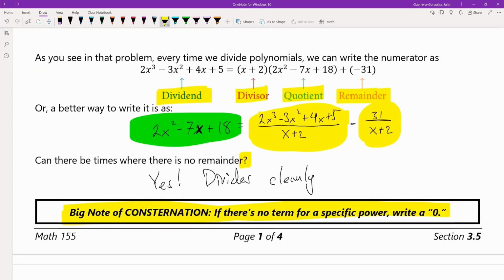If your polynomial jumps from one power to another, so if it goes from x to the third to just x, there's a squared term that's missing, you have to write it in. I'll give you some examples of that once we get to synthetic division, because that's where it's best used.